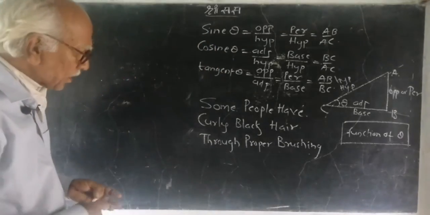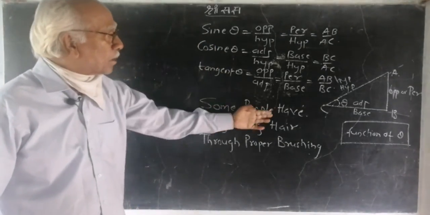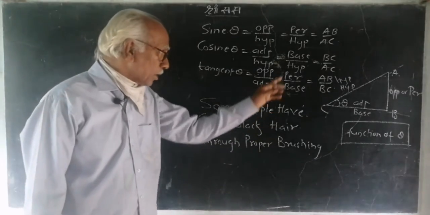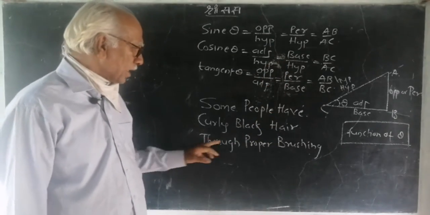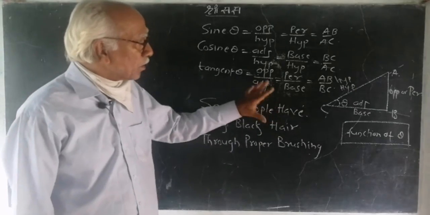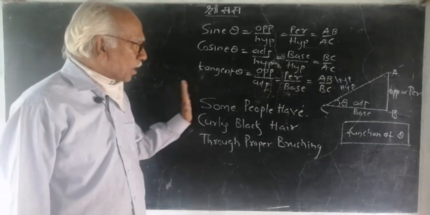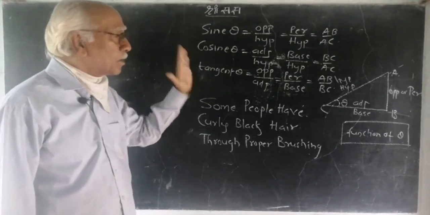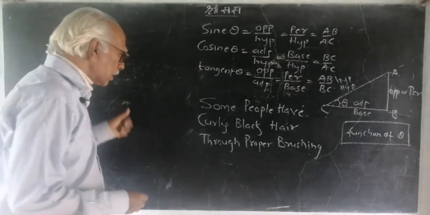So, what it implies? Sin theta is equal to perpendicular upon hypotenuse, cos theta is equal to base upon hypotenuse, and tan theta is equal to perpendicular upon base. So, this is the definition of basic trigonometric functions and their reciprocals.